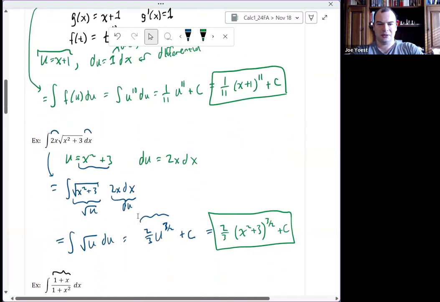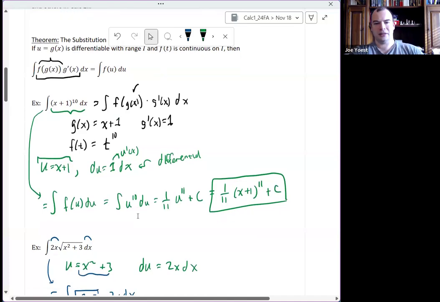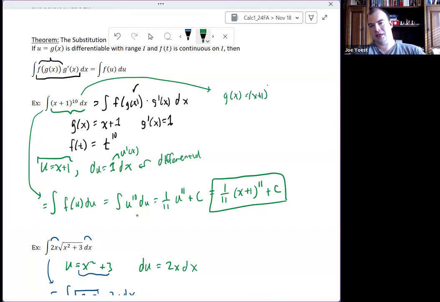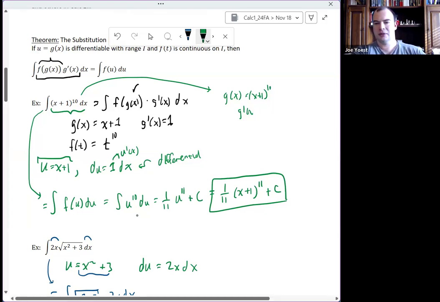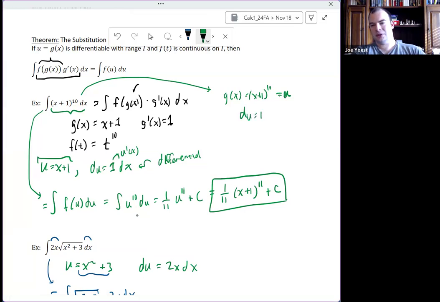So where was an example from up here? Like this one, for instance, if I had chosen g of x equals x plus 1 to the 10th, then g is that which we will now call u, and then du was 10 times x plus 1 to the 9th dx.